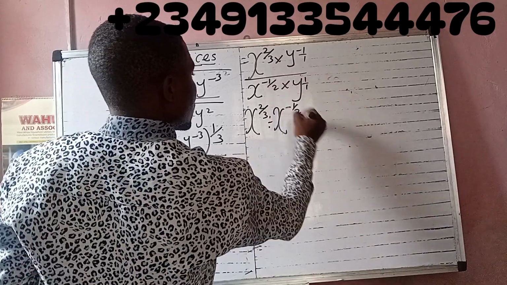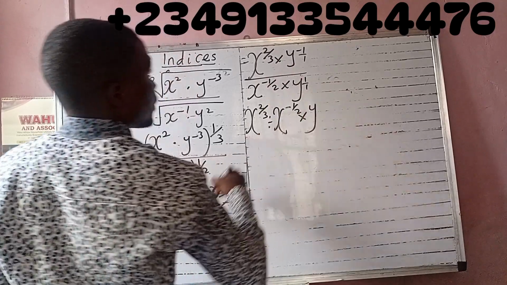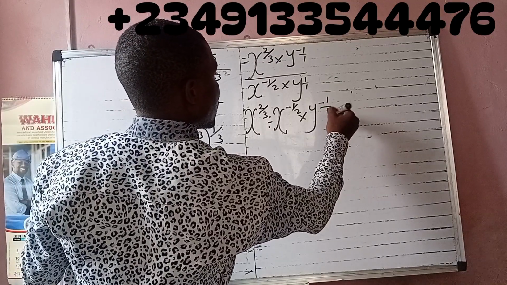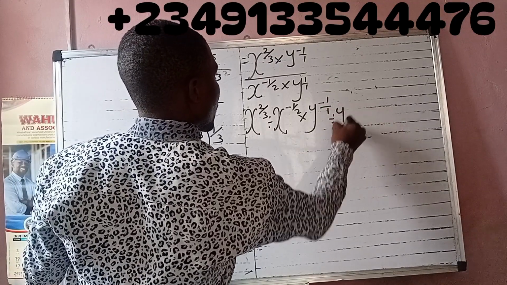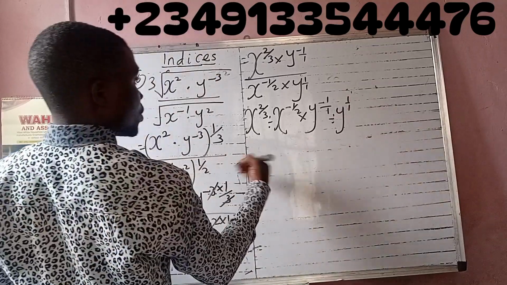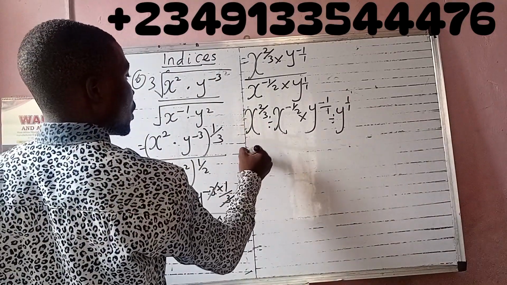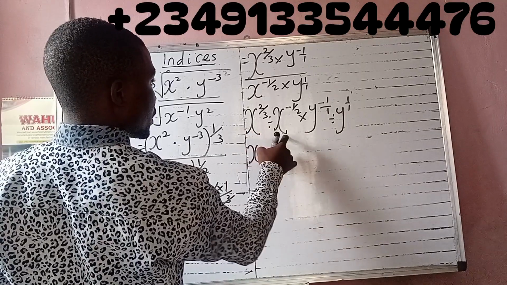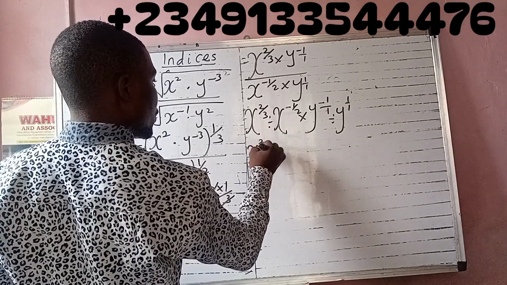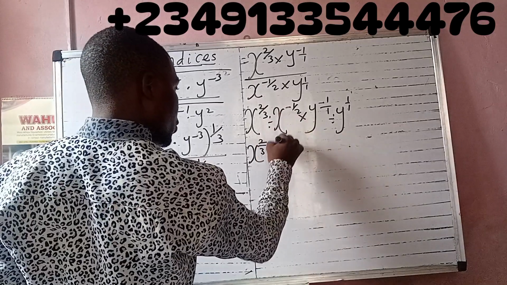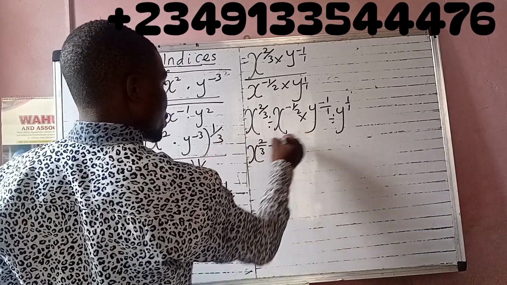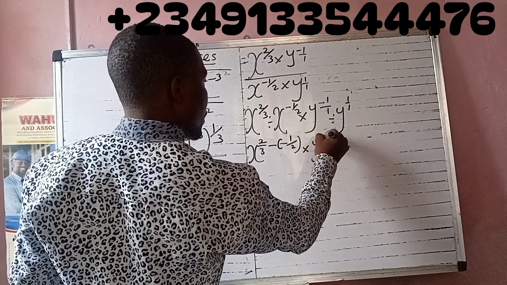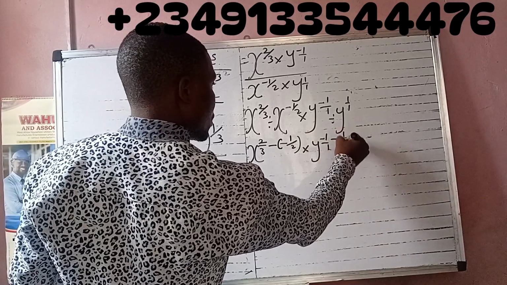So times y to the power minus 1 over 1 divided by y to the power 1 over 1. So look more easier now. Pick only one, so we have x. They will minus the power, 2 over 3 minus, there's minus here already, full bracket, so that it will not affect what we are solving, 1 over 2 times y, minus 1 over 1 minus 1 over 1.